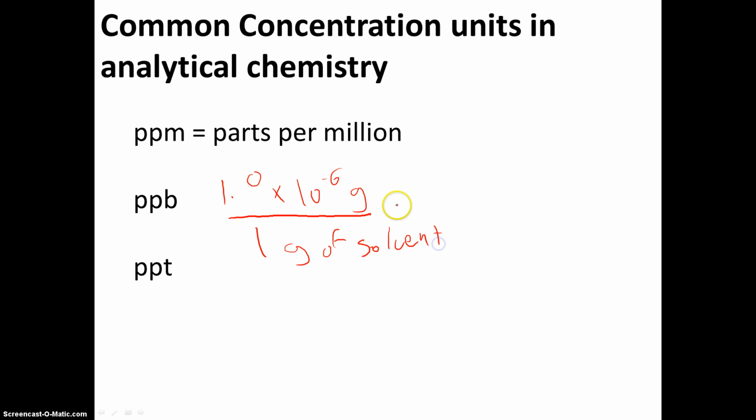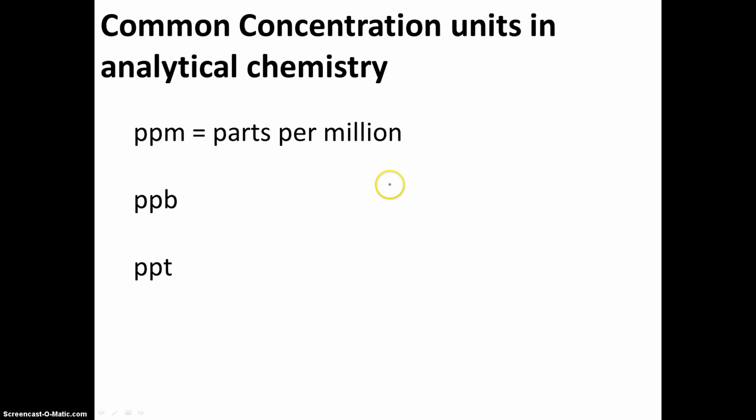All right, so hopefully that makes sense. Just to clarify that again, that's 1.0 times 10 to the minus 6 grams of solute over 1 gram of solvent. And in conventional terms, this is actually a microgram, and this is a gram.